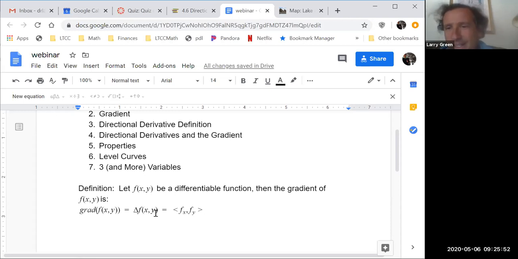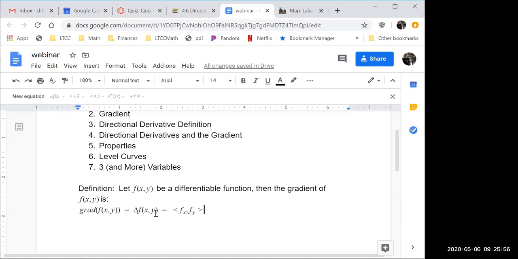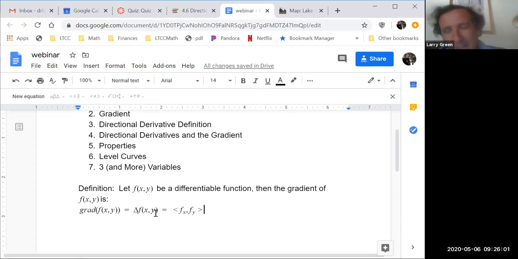Not quite. It's a good try though. Okay. Well, the output is a vector. Good. So the range is a vector in R2. And the domain is the set of all differentiable functions. So this is a function on functions.